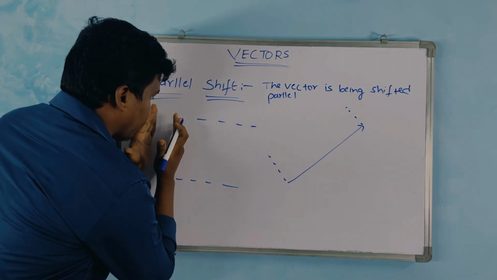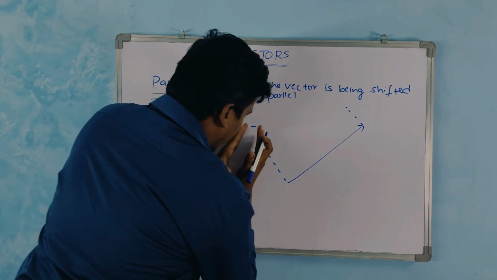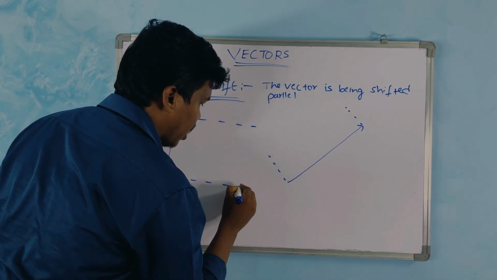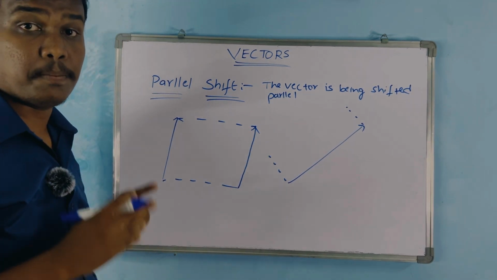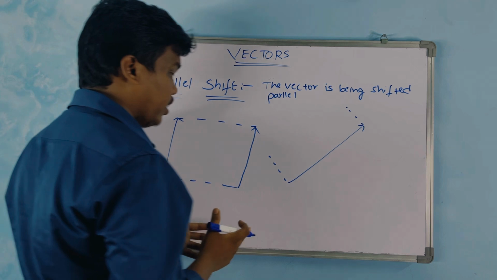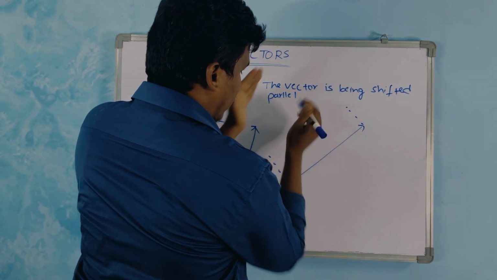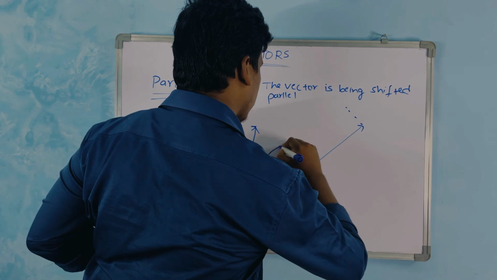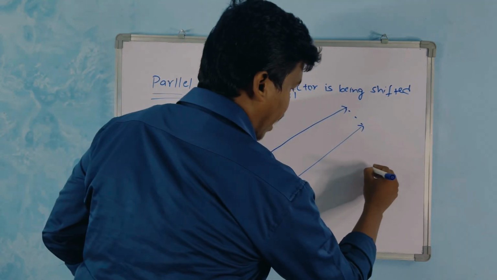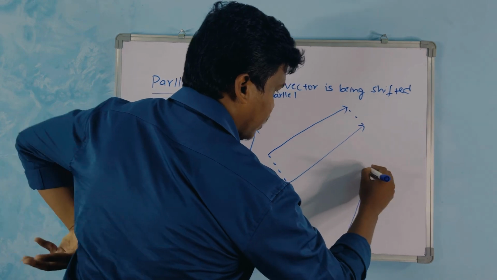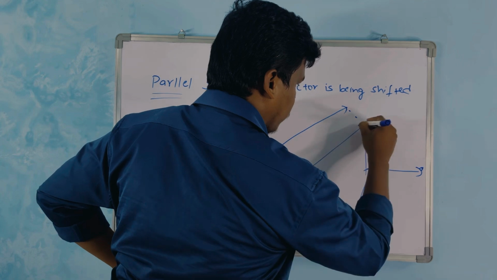Now here is the vector, I am shifting it parallelly up to here, I can shift up to here. This is the shift, that is parallel shift. And next I am shifting this vector from here to here. This is called parallel shift. If I have a vector like this, this is the x axis, this is the y axis.